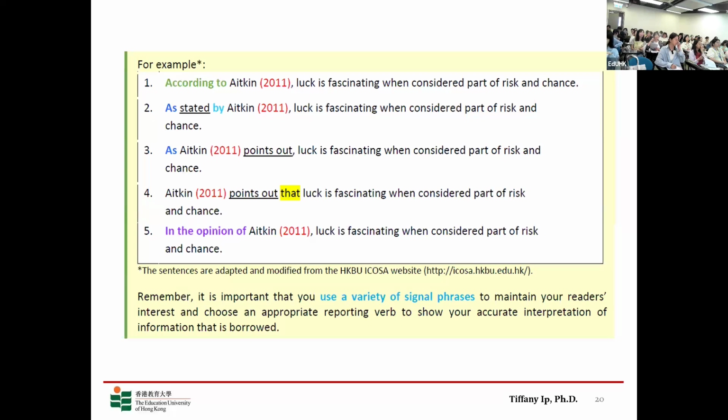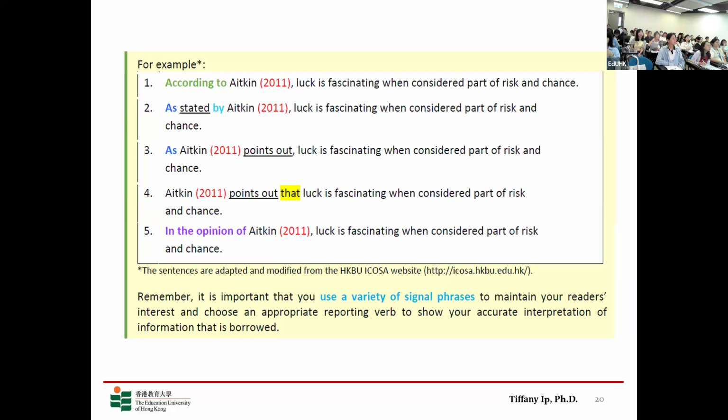And one way is to say, according to this author, comma, and then you continue with your information. Or you say, as stated by this person, comma, and then SVO, the sentence. Please remember that because some students will say, as stated by him, and then continue with a sentence, but then it's a phrase. It has to be separated. Okay. And for the underlined part, you can always change it to a different verb.